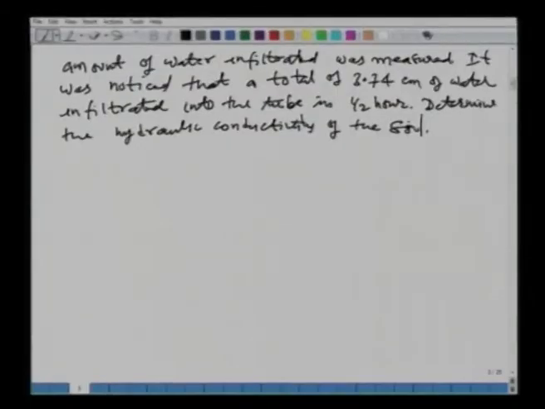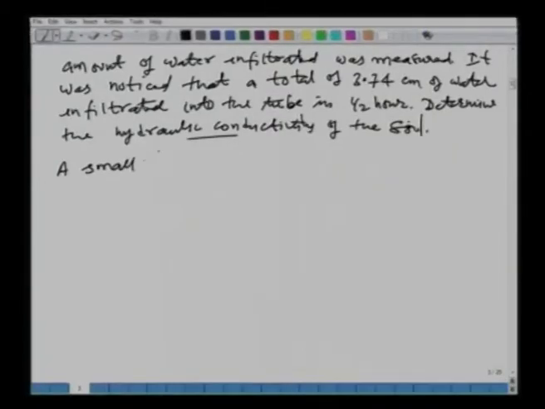The same sample was dried, and then it was placed vertically, and it was saturated from the top, and the amount of water that gets infiltrated in the vertical direction was measured, and all of that data is given to us. Using these two data, we have to find out the hydraulic conductivity. Once we have done that, there is another part of this problem.